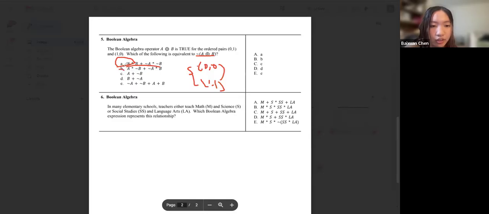So then that doesn't work, and this similarly doesn't work. None of these work, because if A is 1 or B is 1, it'll still evaluate to true, which doesn't fit the situation that it asks for, that only 0, 0 and 1, 1 are the possibilities. So then the answer will be A.